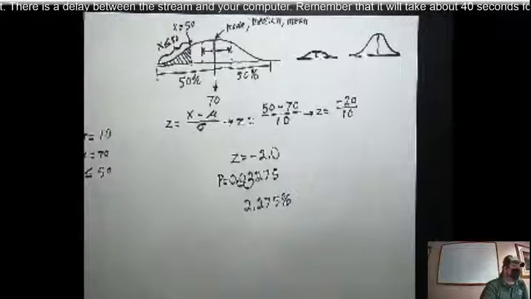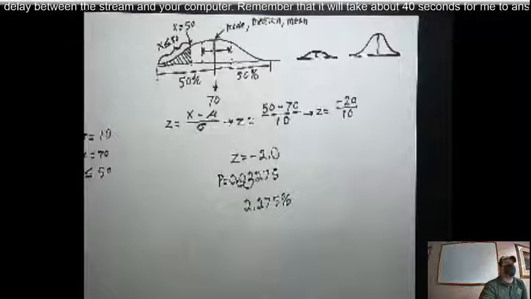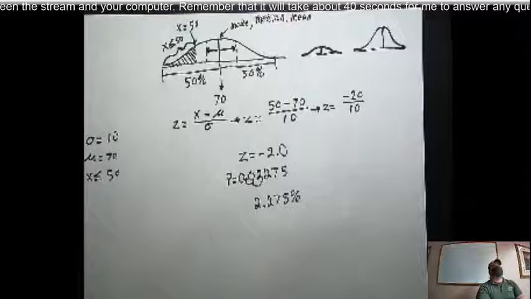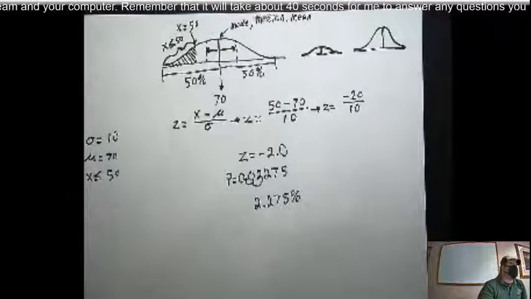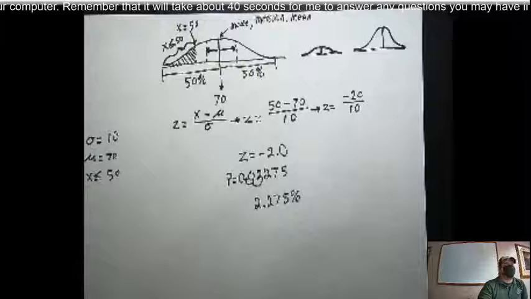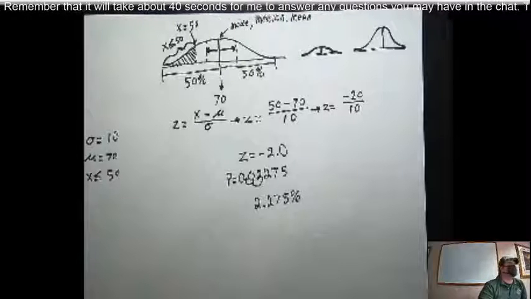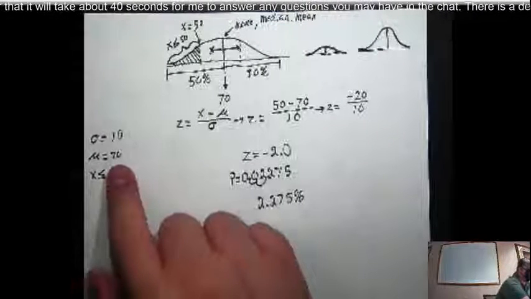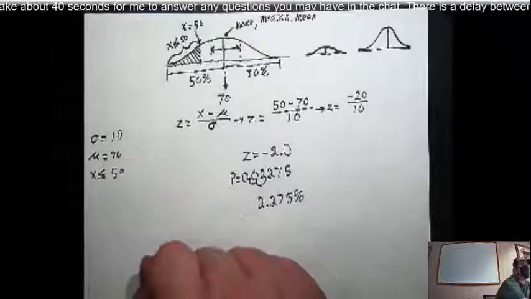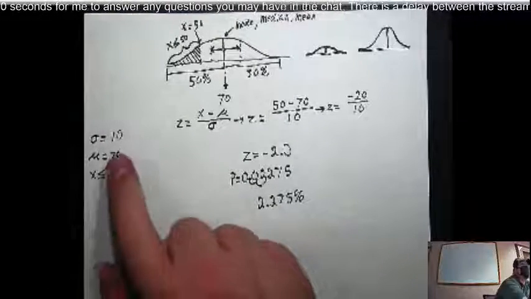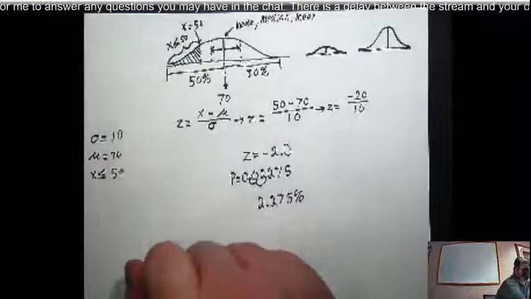Okay? So maybe the data that we're looking at here is the ages of people in a retirement home. Okay, so the average age of a person in the retirement home is 70 and a standard deviation of 10 years.